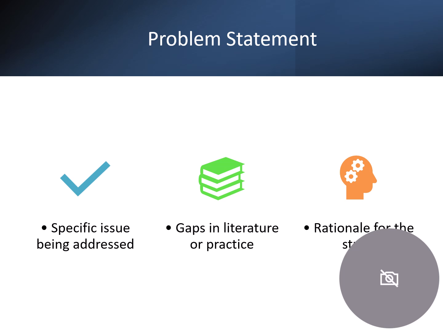Actually, your problem statement should be observable and measurable. It should be significant enough to conduct the research. You will write the problem statement that is not too broad and that is particularly aligned with your objectives.